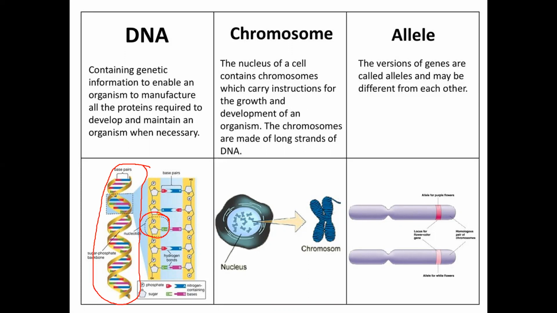Each single strand of DNA is made by connected nucleotides connected at the sugar phosphate backbone that is indicated here. The double strand is two single strands that are joined together at the bases. Notice this is a C and G, this is a T and an A.